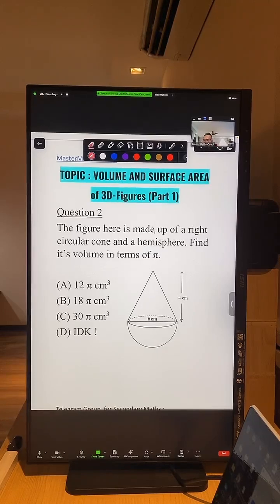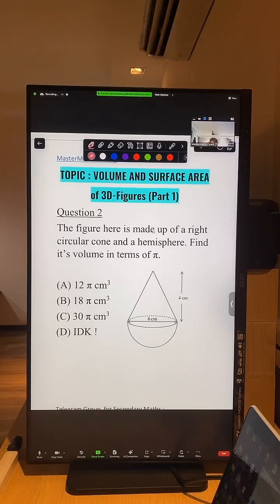Okay, let's get started on this question, guys. The figure here is made up of a right circular cone and a hemisphere. Find its volume in terms of pi. So what we're going to do here is find the individual volumes.